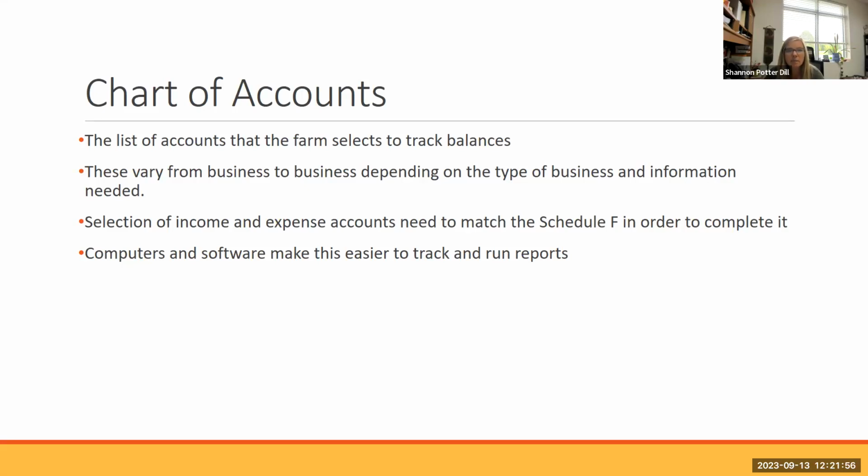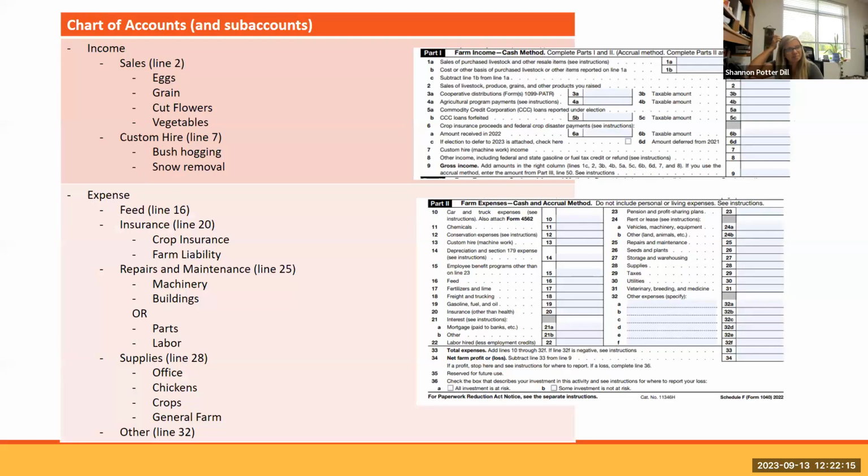Selecting income and expense accounts, they do need to match the Schedule F so you can complete it. And computers and software make it much easier to track and run reports and get those big summations to be able to enter into the Schedule F.